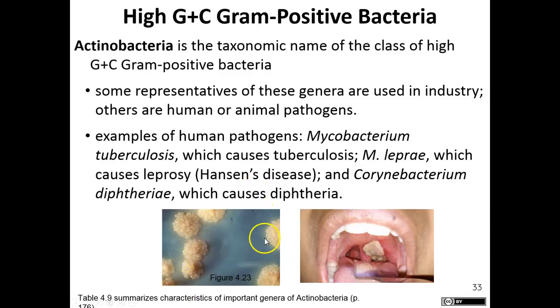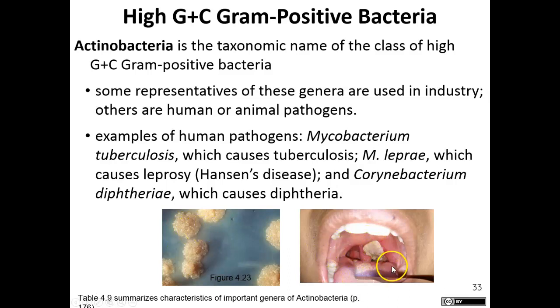So here you can see Mycobacterium from your textbook. This is figure 4.23. Mycobacterium grows kind of moist here. I would say typically on our TSA agar, this is not TSA agar, it looks very dry and flaky.